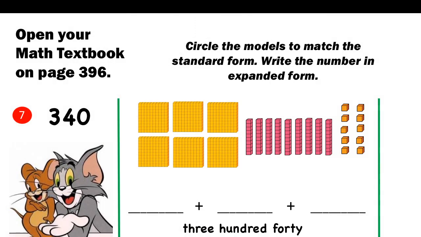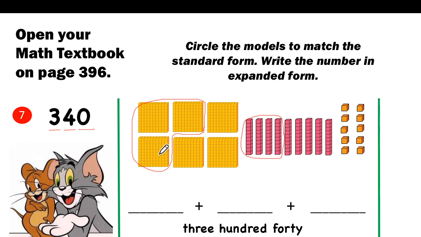Let's do it one more time with the last question, number 7. This is the standard form, 340. It means that we need to circle 3 hundreds, 4 tens, and 0 ones. Let's start with hundreds. 3 hundreds. Circle 3 hundreds. 3 hundreds like this. How many tens? 4 tens. Circle 4 tens. And how many ones? 0.